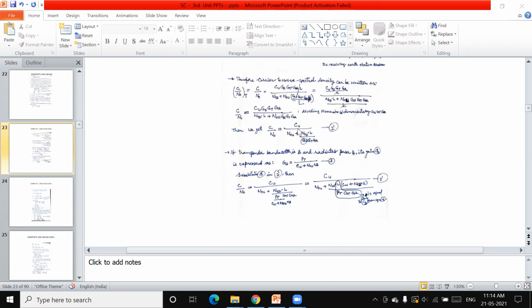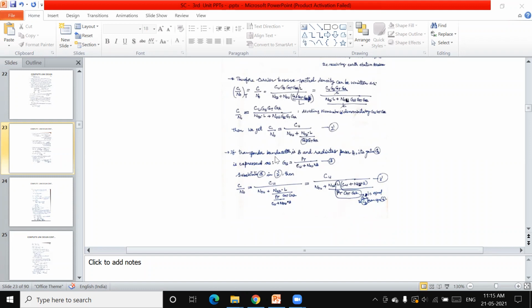After writing C by N naught, the L gets cancelled and you remove GS, GT, GR. After that, you substitute GS, that is the gain of the satellite antenna.